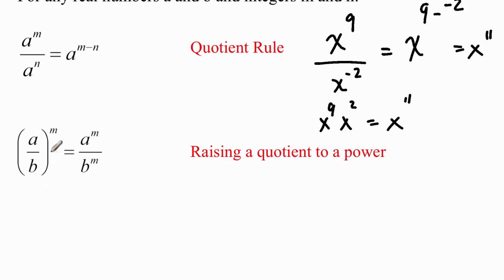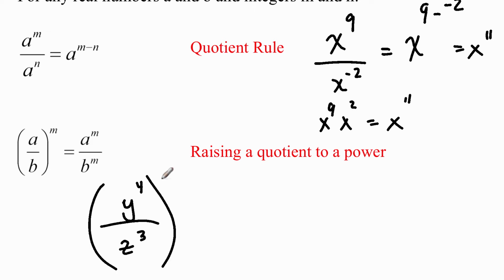And then the last rule, I think, is where I have a quotient inside brackets that's all raised to an exponent. If I have that, each thing inside gets raised to that exponent. So say I have y to the 4th over z to the 3rd, all squared. So this 2 gets applied to each of those, and it's sort of like that power of a power rule.